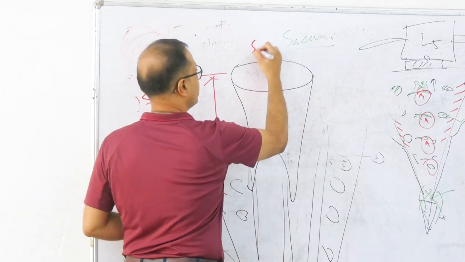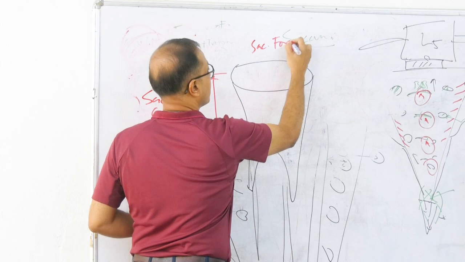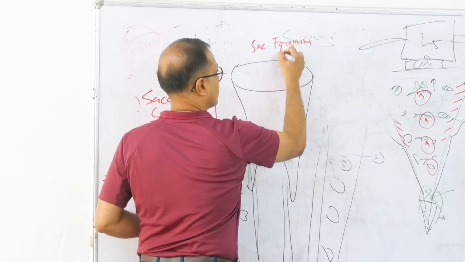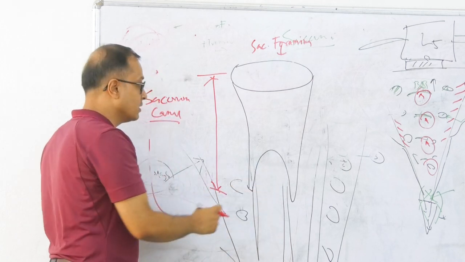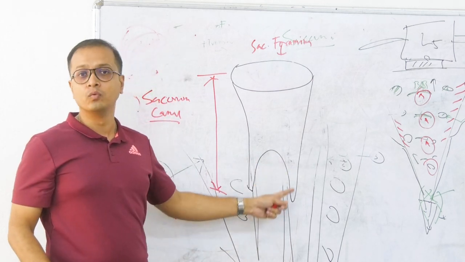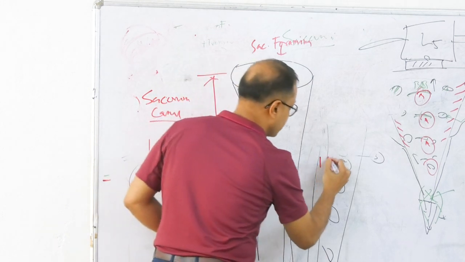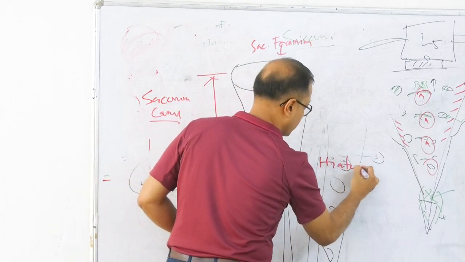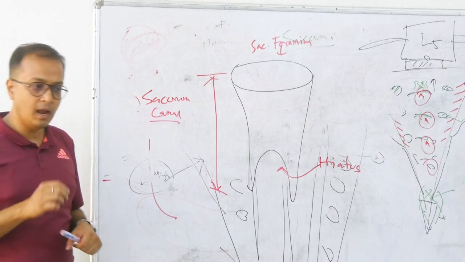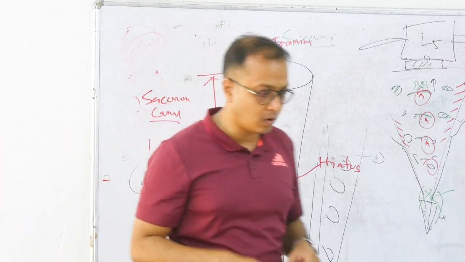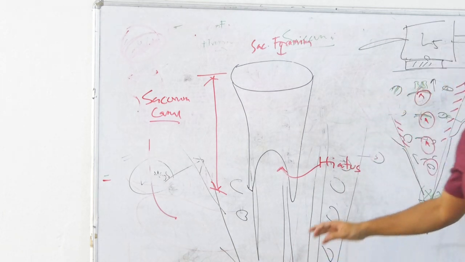We call it the sacral foramen, which is present superiorly. The lower end, which looks like an inverted U, we call the hiatus.